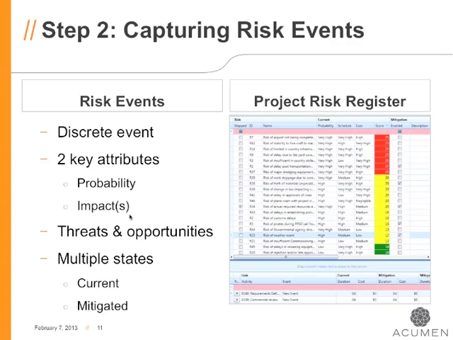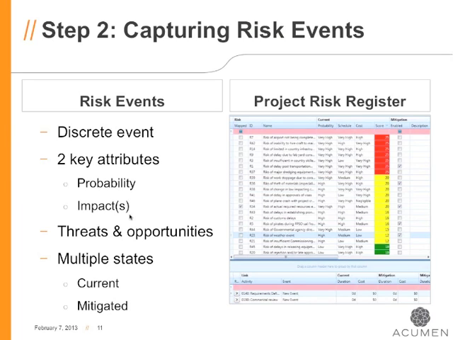In other words, interrogate the project team and interview them as to what they believe the current probability and the current impact is on the risk, but then also take it a step further and say, for those risks that look like they have a high impact, do you have a proposed mitigation plan in place? And if indeed you execute that mitigation plan, what do you believe the residual or the mitigated score will be?